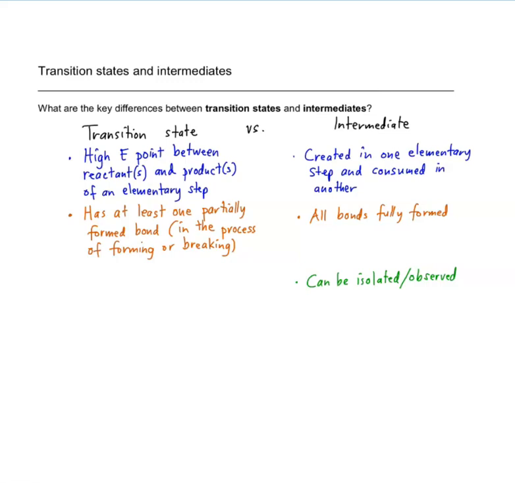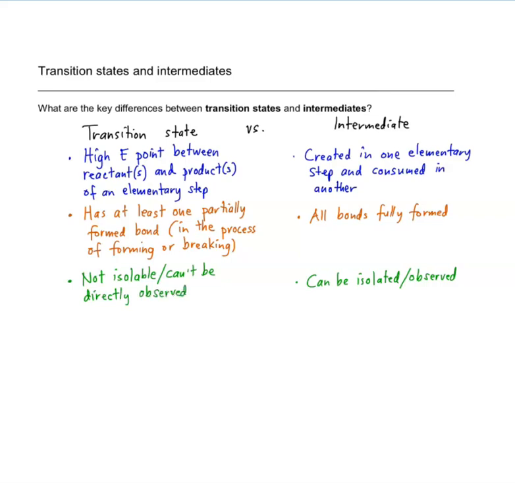But at least it's able to be observed through spectroscopy and other means. On the other hand, a transition state can't be isolated, and we can't observe it directly. So this is what we call not isolable, can't be directly observed.